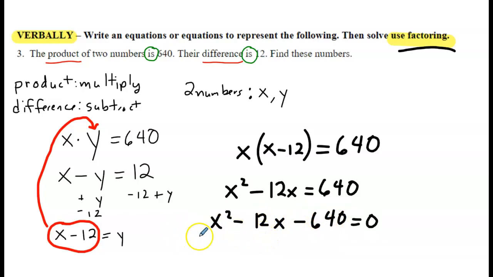I'll let you do that part on your own. That's just the factoring. Once you get your x, solve for y: subtract 12 from it, and that'll be your y. You should get two pairs of numbers for this. One of the pairs involves negatives, so see what you can get with that.